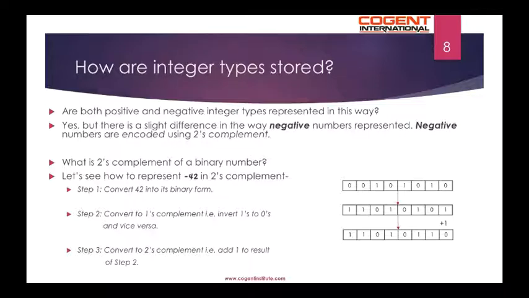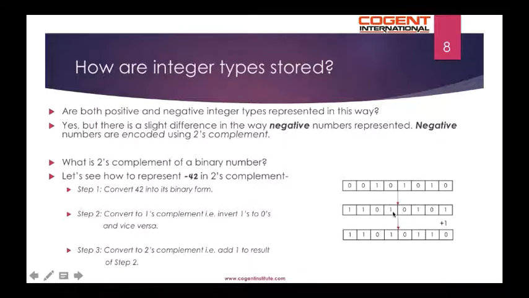So first, the number 42 is converted into the binary form. As we have seen previously, it is 00101010. Then a ones complement of that number is taken. Ones complement is simply converting the zeros to ones and ones to zeros. So in this case, this 0 is converted into 1, this 0 is converted into 1, 1 is converted into 0, and so on.